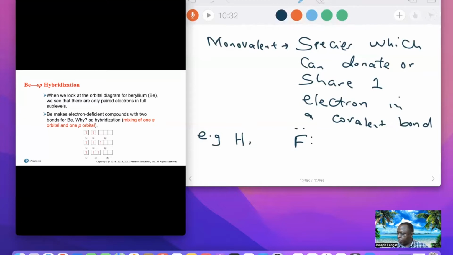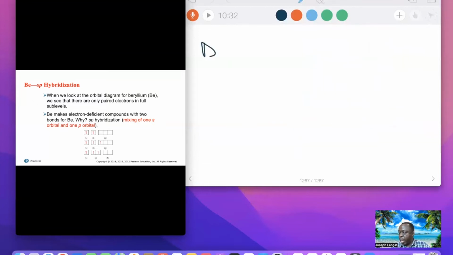It has only one unpaired electron, and fluorine has one unpaired electron. We call this monovalent. Now divalent, which we are not going to look at, has two unpaired electrons.